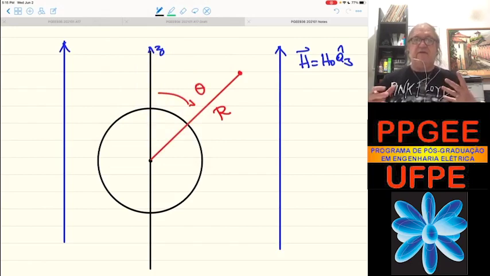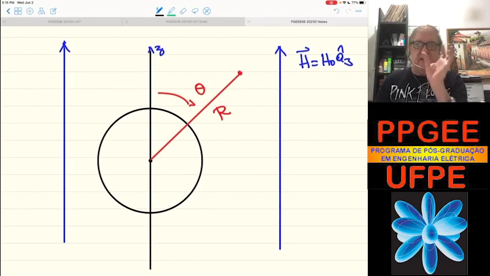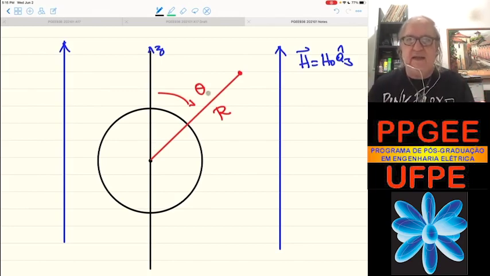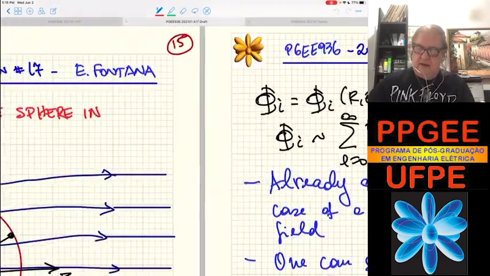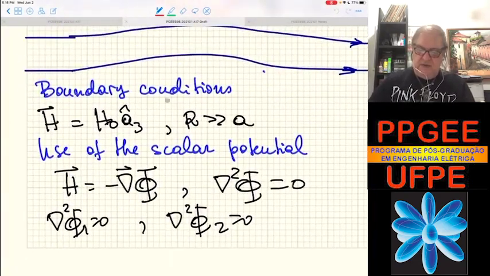So for the symmetry of the distribution, I can make symmetry operations. We know that the potential doesn't depend on the azimuthal coordinate, it depends only on r and theta. And we know that the solution of Laplace's equation, when the potential depends on r and theta, is Legendre polynomials times the power function. So for the general solution, we have two solutions, one inside and one outside.